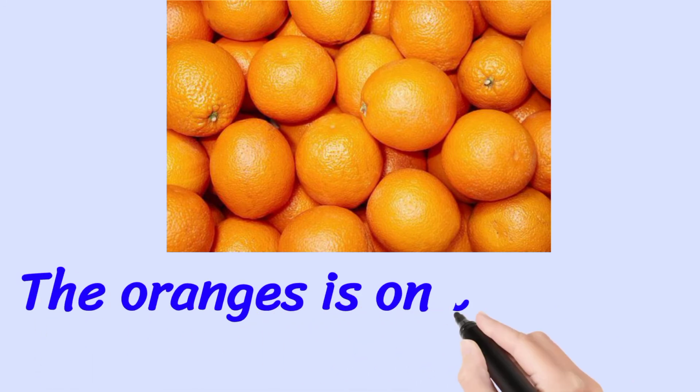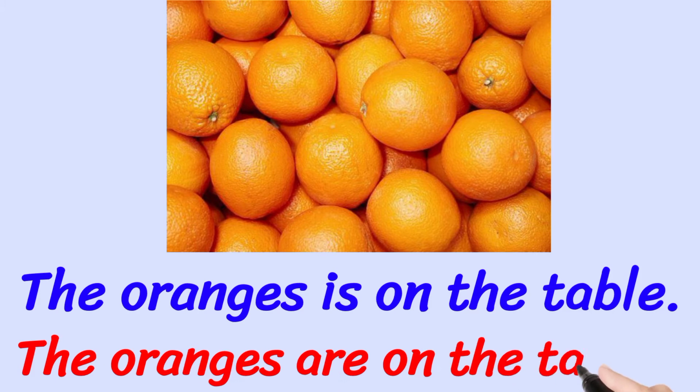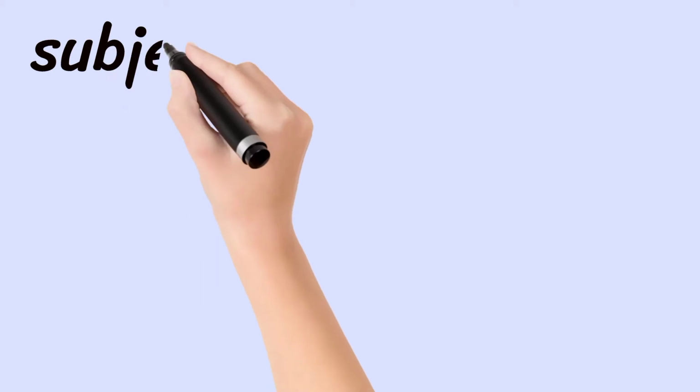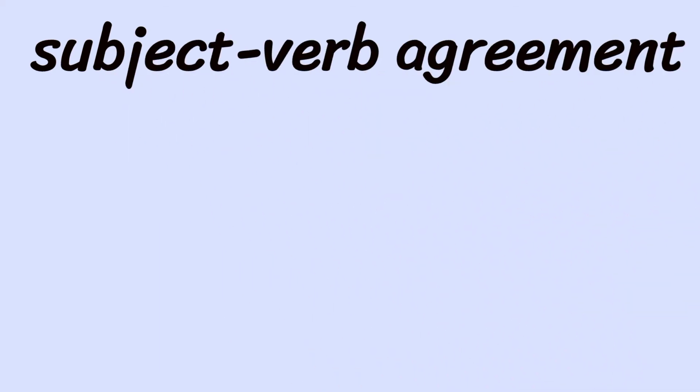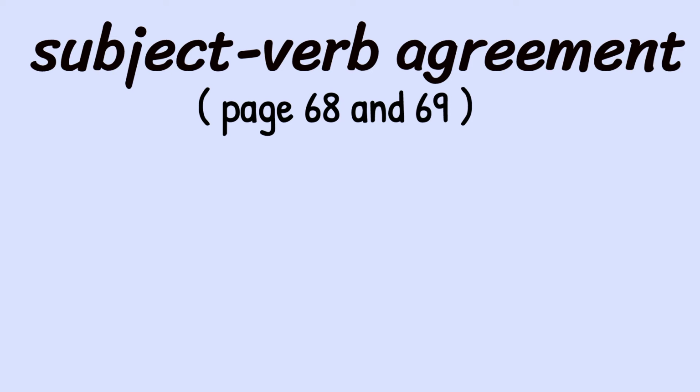Question number 2: the oranges is on the table, or the oranges are on the table. Well, that's what we are talking about today, subject-verb agreement. So, hold on to your answer because we'll come back to them in just a bit. You may refer to your textbook, page 68 and 69.